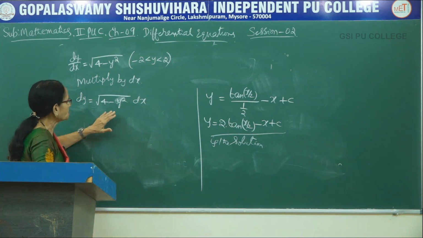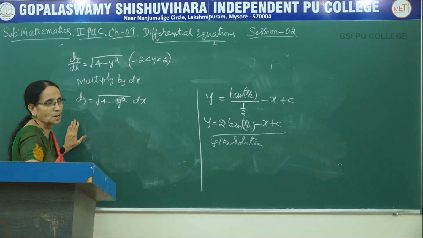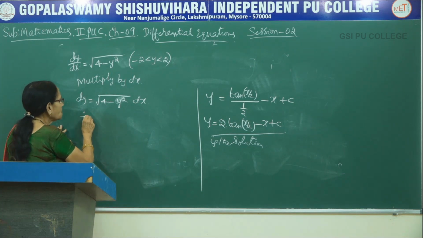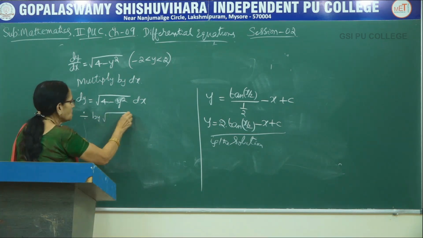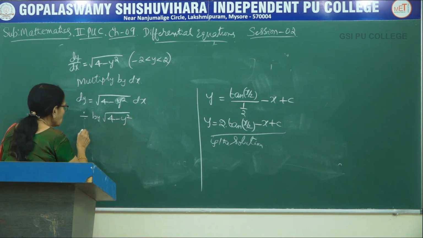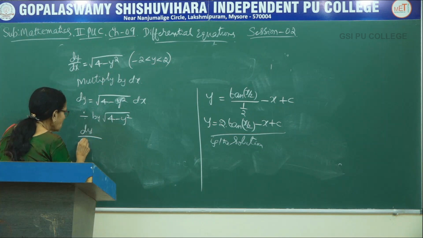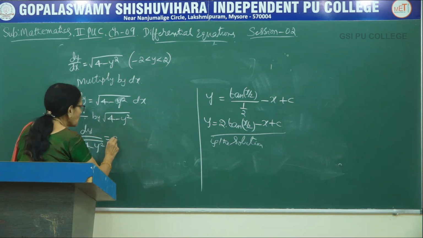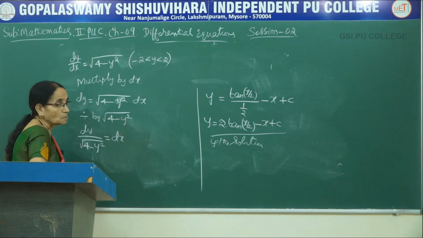Okay. Next, this has to go to the denominator. So what is the operation? Divide by root of 4 minus y square. So what do you get here? dy divided by root of 4 minus y square is equal to dx.